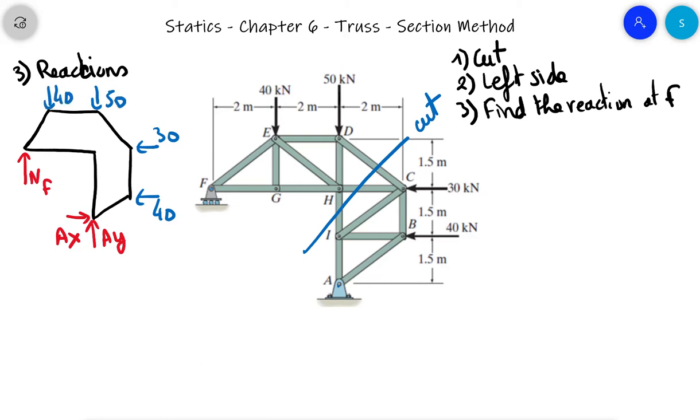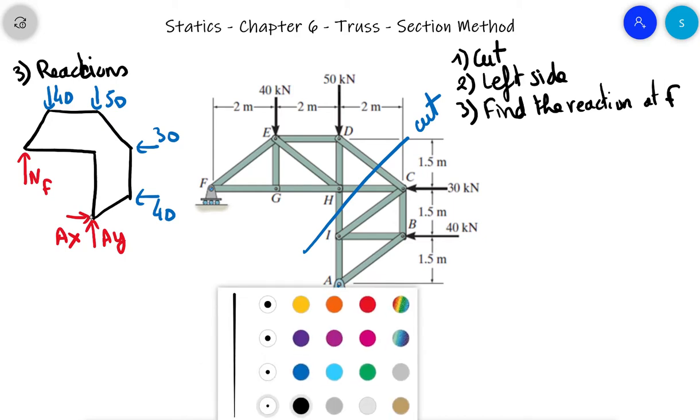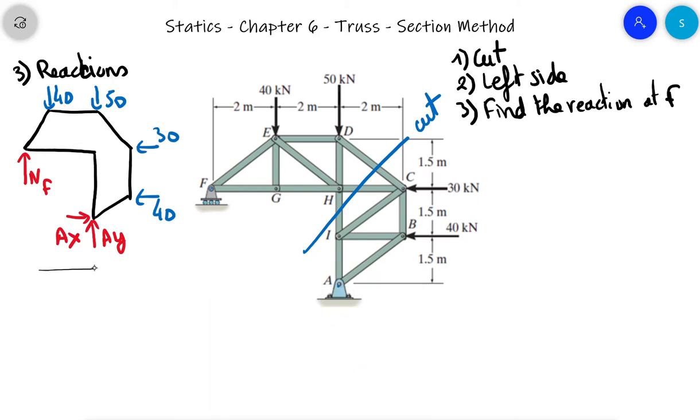We want NF, so I will do the moment about A. I need dimensions from A to all those forces. From A to NF, that is 2 plus 2, that is 4. From A to the 40, this horizontal dimension is 2 meters. The 50 is going through point A, so no moment from this one.